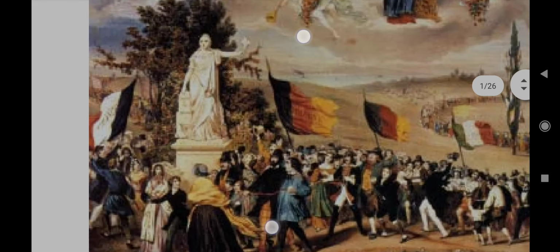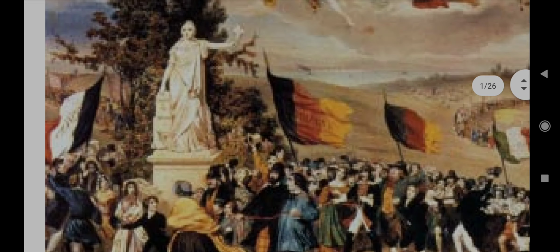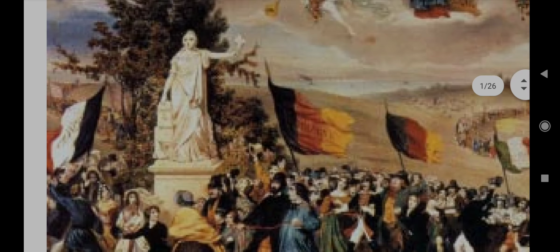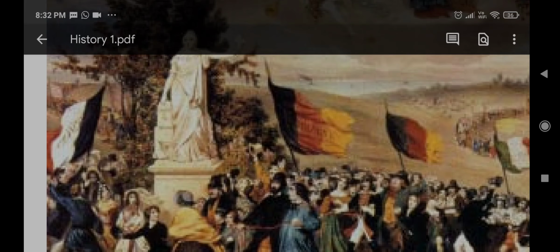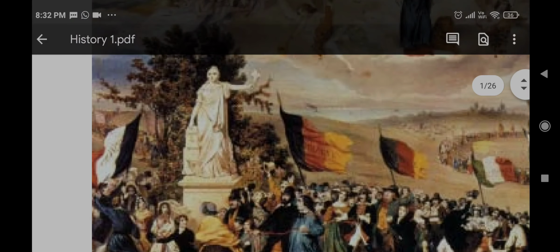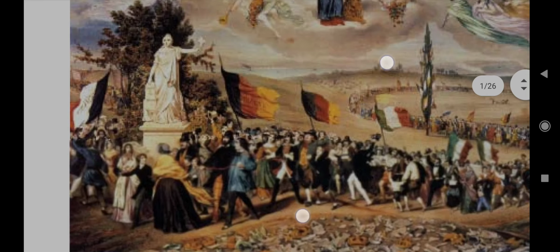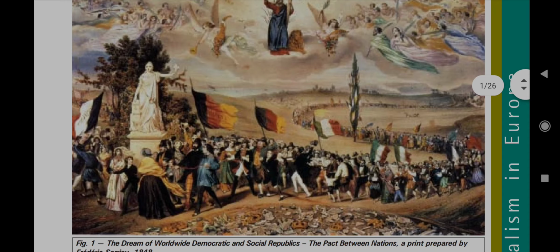So as you can see here, this is the torch of enlightenment, and this is the charter which she carries, the rights of men and others. And on the ground, you can see the papers. These are the papers of the demolition of monarchy.